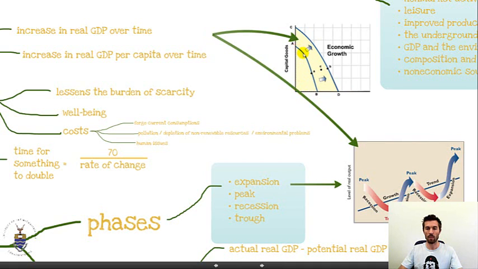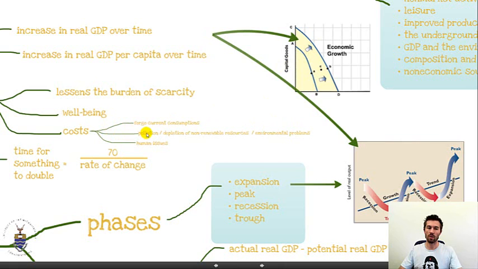Whereas the higher we are up on this curve, or closer to the y-axis, say here, then we would be producing more capital goods and less consumer goods. But with more capital goods, we would be growing faster. So therefore, one of the costs of growth is that we forego current consumption. The more we spend now on capital goods, the less we can consume now. So we forego current consumption.